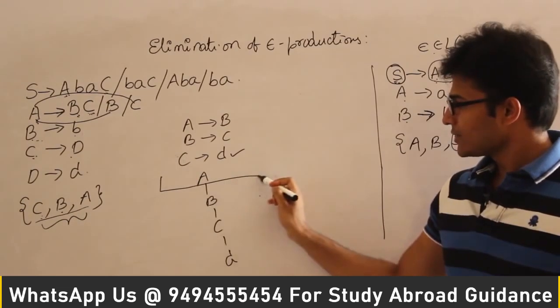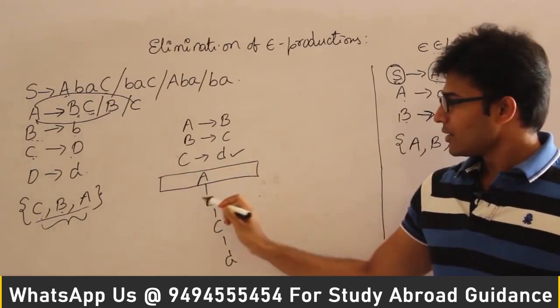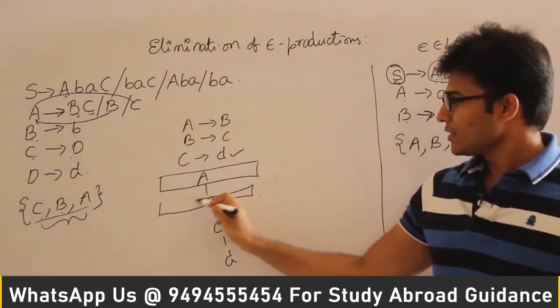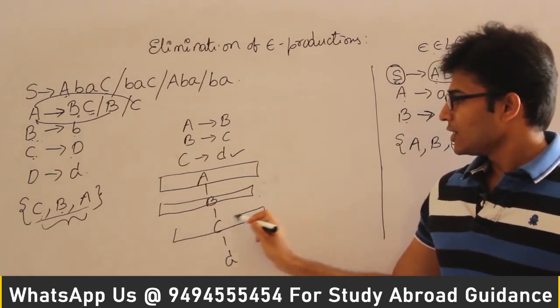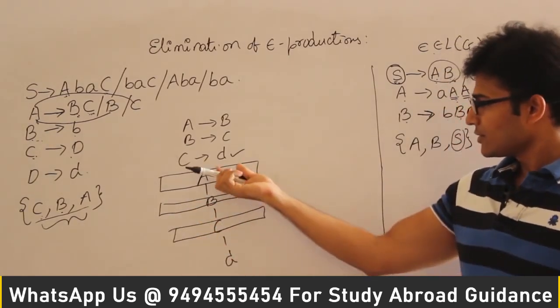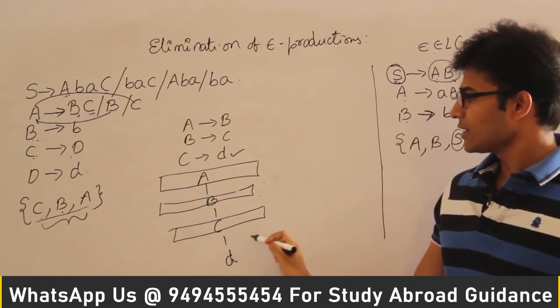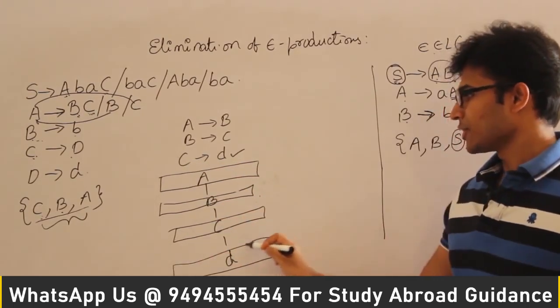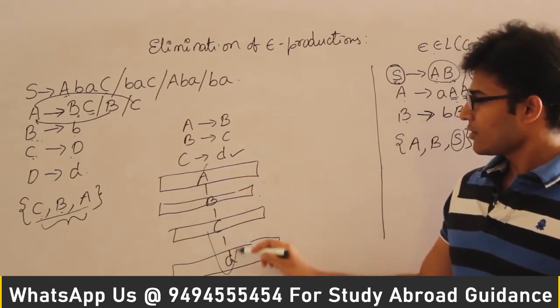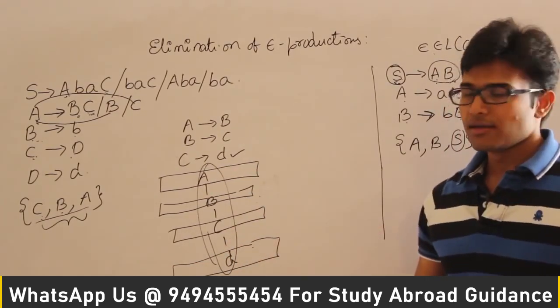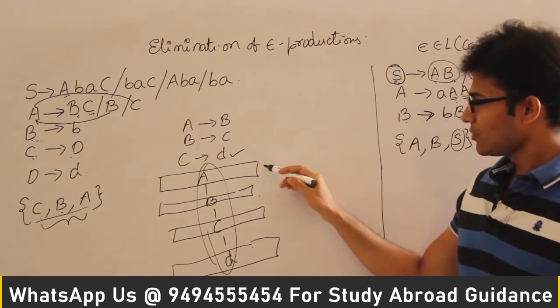Now in the entire sentential form, the length is not changing, or nothing is changing. The same sentential form is taking different forms, but then finally we are getting the required string. But these entire steps are unnecessary, right? Every step has to be useful.